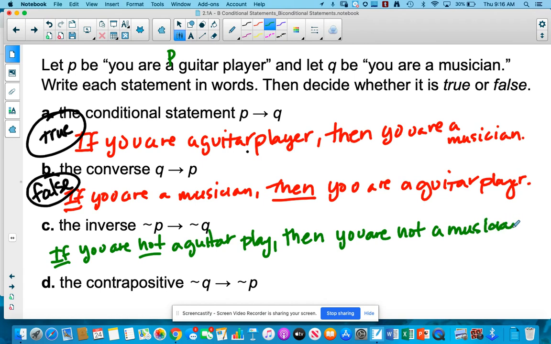So let's think about that one. If you are not a guitar player, that means you could be a piano player. Does that mean you are not a musician? No, that is false.